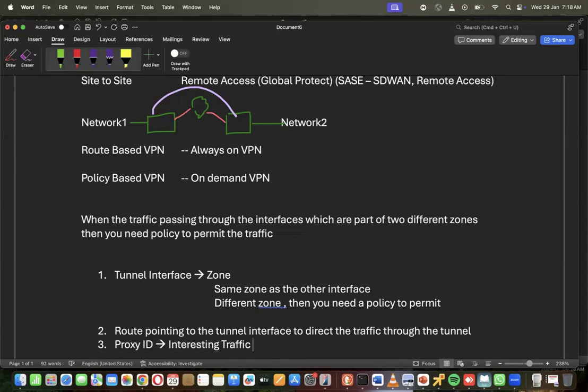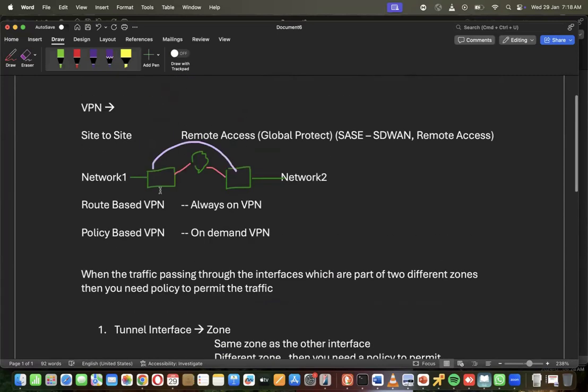Now the firewall is connected through an interface so that we have internet connection, correct? Now my point is any traffic flowing between the network and network 2 is sent through the tunnel. But it's quite possible that the same interface is going to be used for accessing the internet by the internal users. Am I right or not?